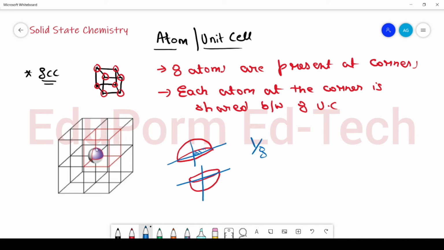Only the 1/8 part belongs to one unit cell, while all the other parts are shared with other unit cells. So the contribution of each atom present at the corner is 1/8, and we know that a total of 8 atoms are present. So the number of atoms per unit cell will be 1 atom. The number of atoms present per unit cell in case of SCC, simple cubic crystal, is 1.